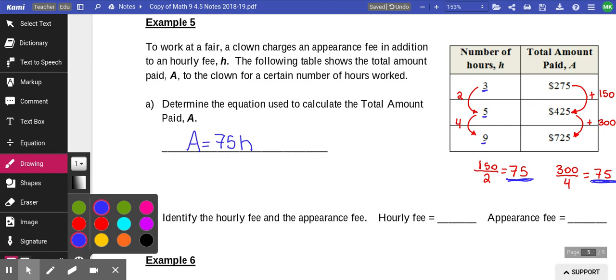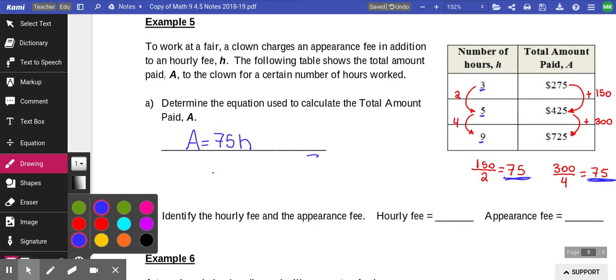Now, if you tried this, it doesn't work, right? Because it says that if you work 3 hours, you should get $275. So if you tried that right now and you said, okay, well, what's 75 times 3? You get 225. But it should have been 275. You're $50 short.